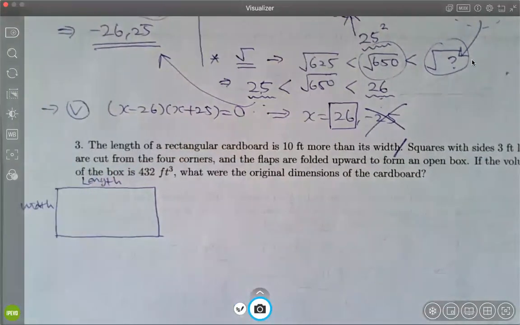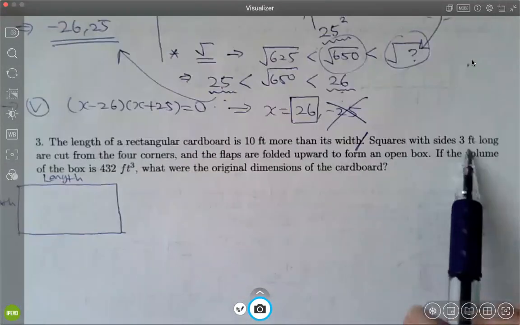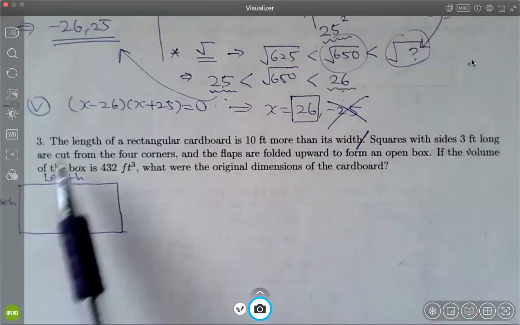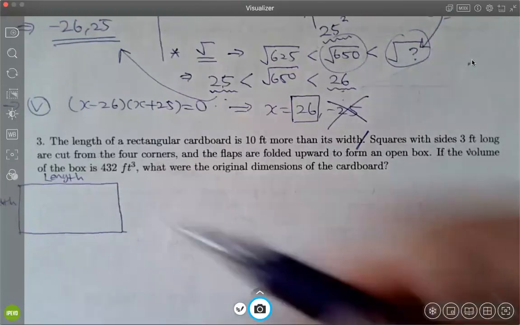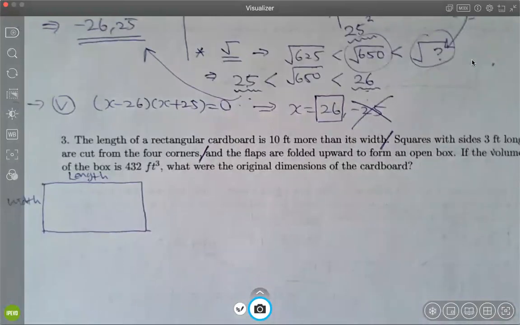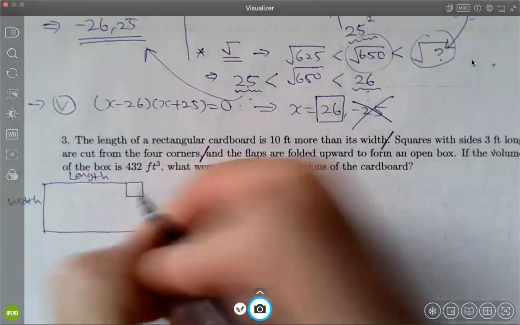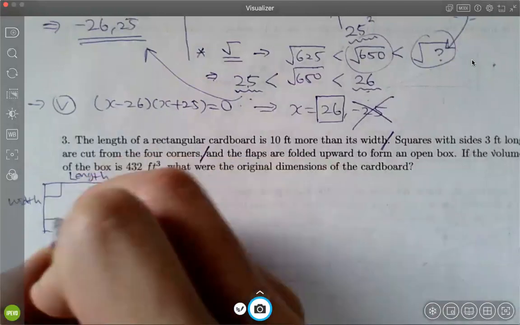Now, squares with sides 3 feet long are cut from the 4 corners. Let's pause here once again. What does that mean? On this rectangle, these squares are cut out, right?